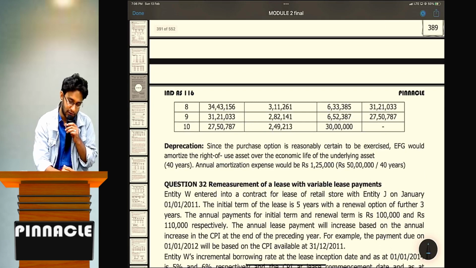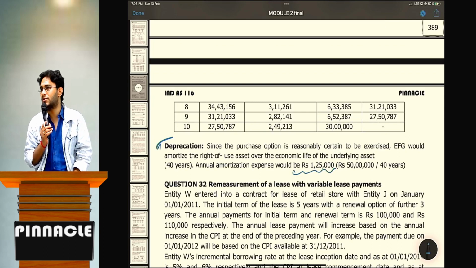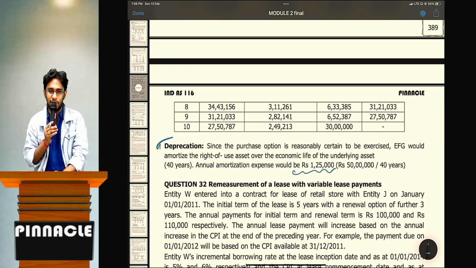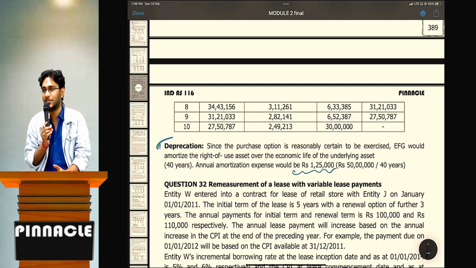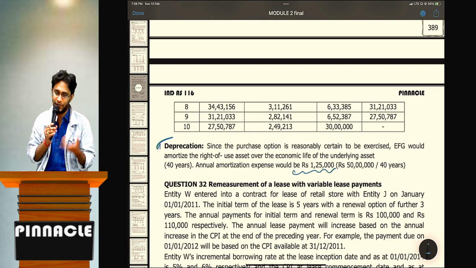He gave only that each year depreciation will be 1,25,000. The reason why he did not show is that lease liability has a 10 year life, sir. But for the asset, now that you are buying the asset, what is the life? 40 years of depreciation we have to do, sir. Making a 40 year table would be too long, sir. So that's why he adjusted it like that, and that's looking okay, fair.